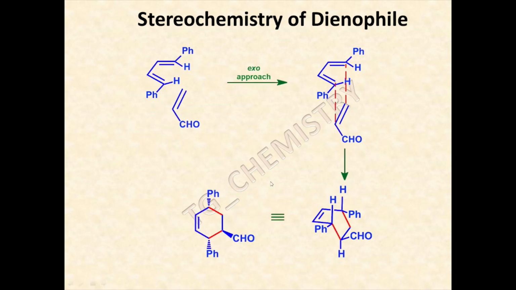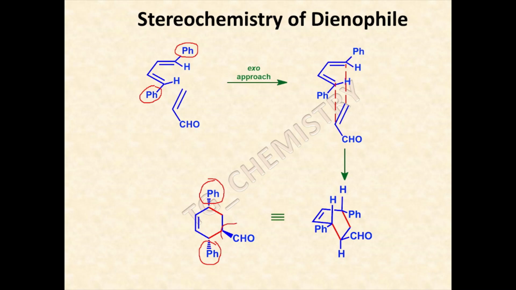Next, we will see the exo approach of the similar kind of reaction, where we realize that in that case also, here you see in the product quite similar way, as the two phenyl groups over here are the outside substituents and the dienophile is approaching from the bottom face. So in that case, you can also find in the product that two phenyl groups have adopted the beta configuration and they are below the plane in the product. The 1,4 relationship obviously, and in the below the plane.